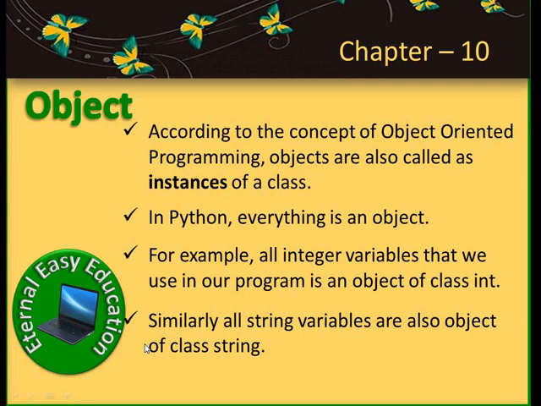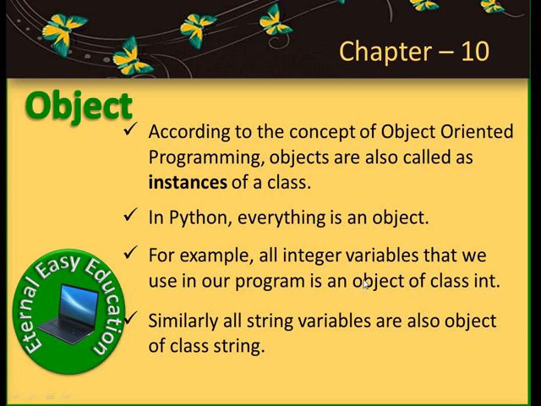Next, what is an object? These are all theoretical lines which will be useful for your 2-mark questions. According to the concept of object-oriented programming, objects are also known as instances of a class. In Python, everything is an object. For example, all integer variables that we use in our program are objects of class int.